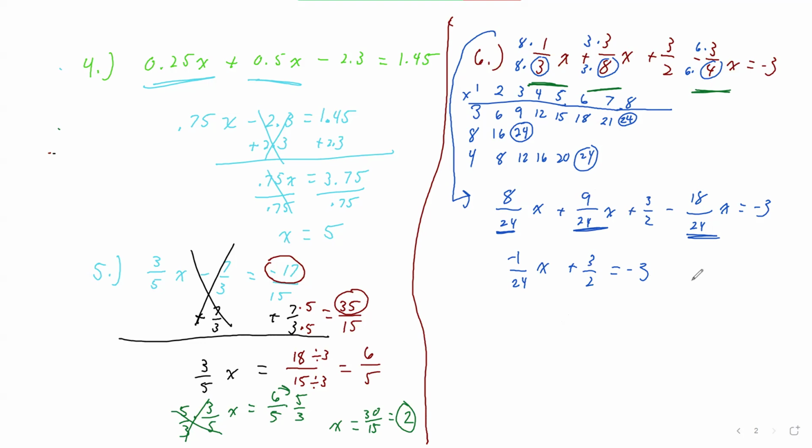A lot of the students want to do 1/2 plus 1/3 and tell me the answer is 2/5. That's not how addition of fractions works. All right, so from here, what would be my next step? Now that I've combined like terms, what do I need to do to get x by itself? Halves, perfect. So since I'm adding, I need to subtract the negative 3/2.